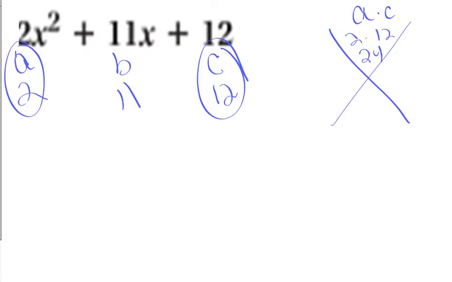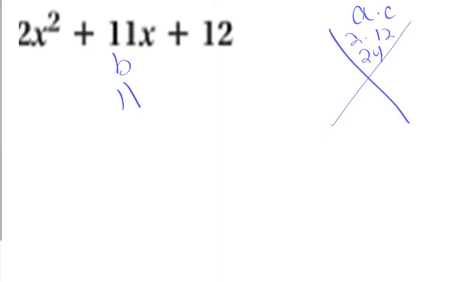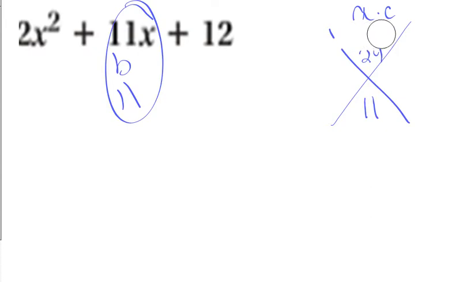We're still going to compare it to our middle term, our b term. So what 2 factors of 24 add up to be 11? Well, it's going to be 8 and 3.